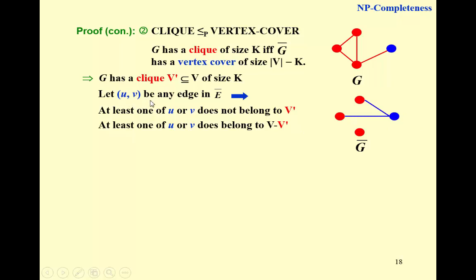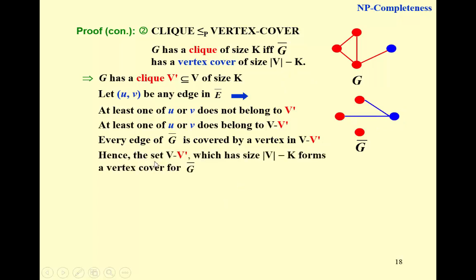And since this edge is any edge in the complement graph, it proves that every edge of the complement graph is covered by a vertex in the blue set, V minus V prime, and the size of this set is V minus K. So therefore, the set V minus V prime, which has size V minus K, forms a vertex cover for the complement of G. Okay, that's the proof of one side.